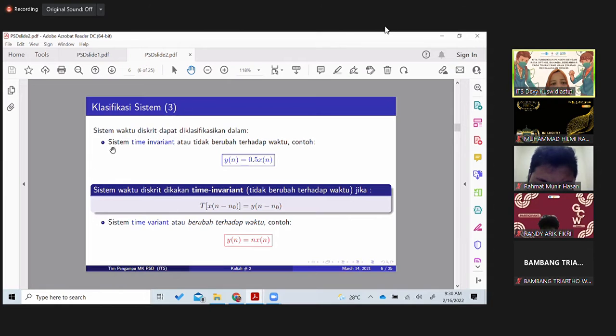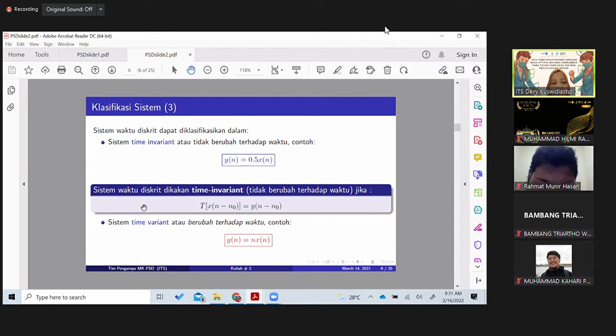What it means is that if a system is called a time invariant system, that means the system is not changing based on time. So yn is equal to 0.5 xn. This is an example of a time invariant system.